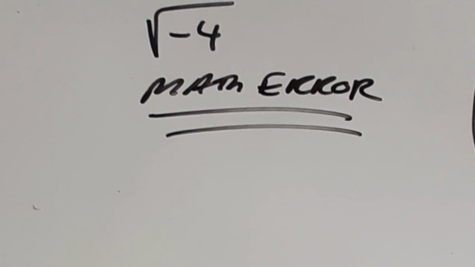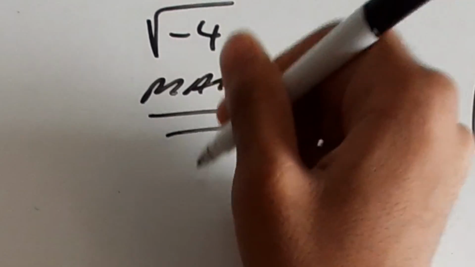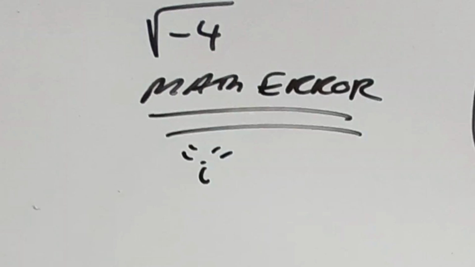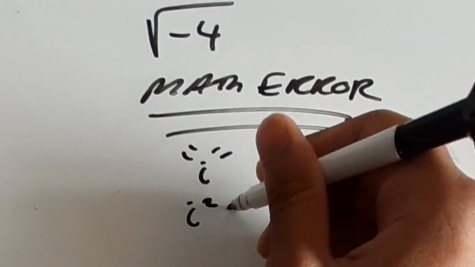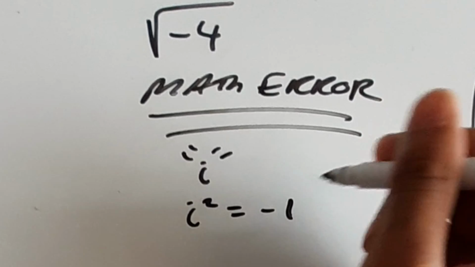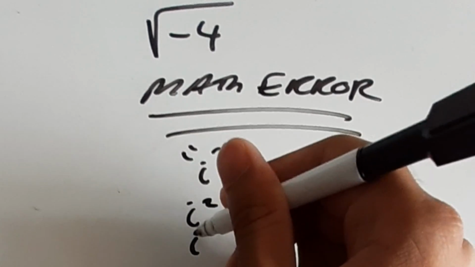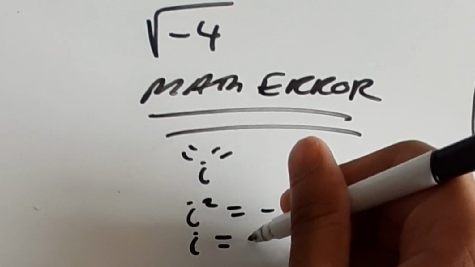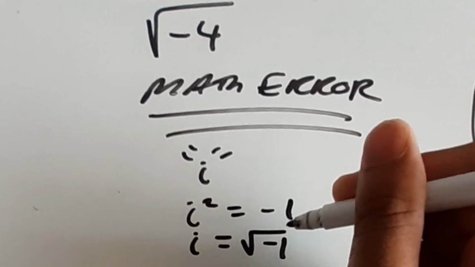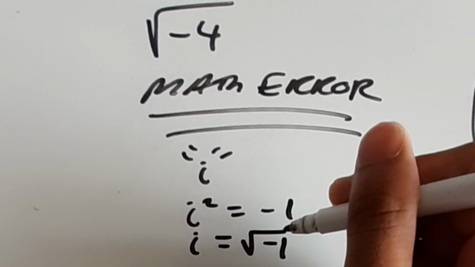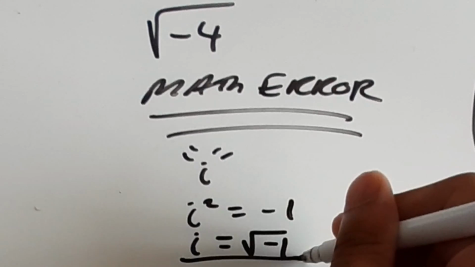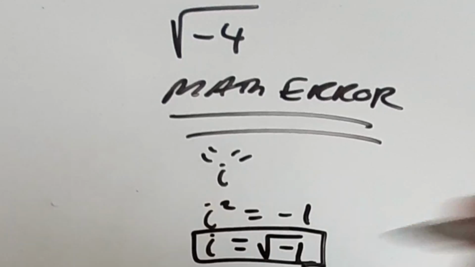Therefore, we need to introduce a new symbol, i, which satisfies the equation i squared equals -1, which can be simplified to i equaling the square root of -1, which is an imaginary number. This is the most important idea while dealing with complex numbers.